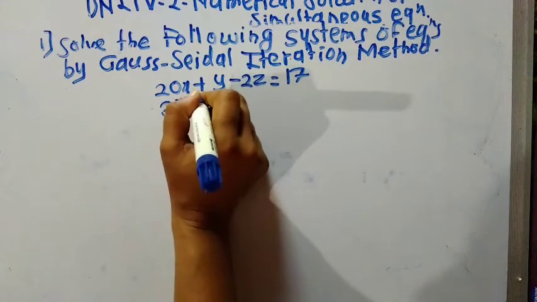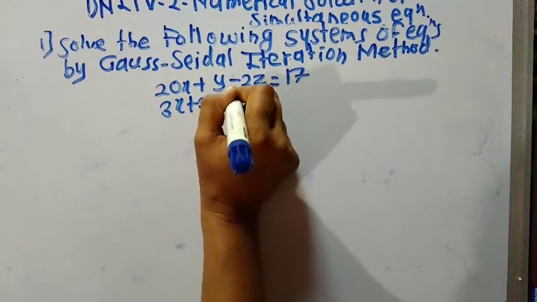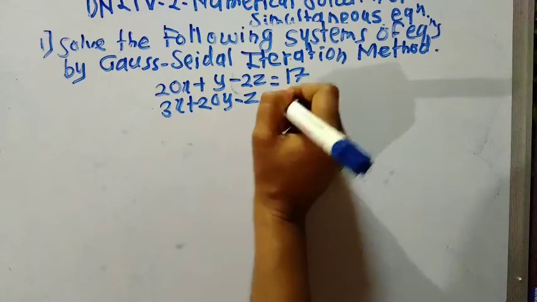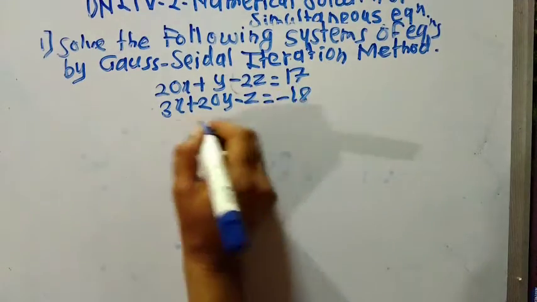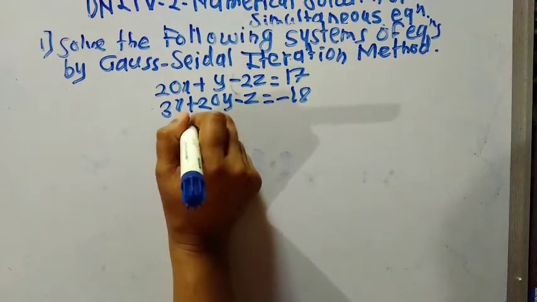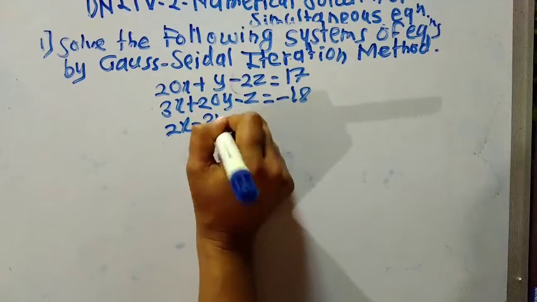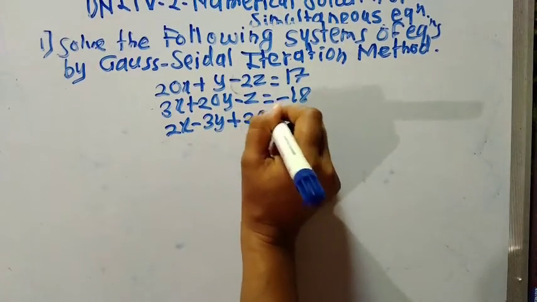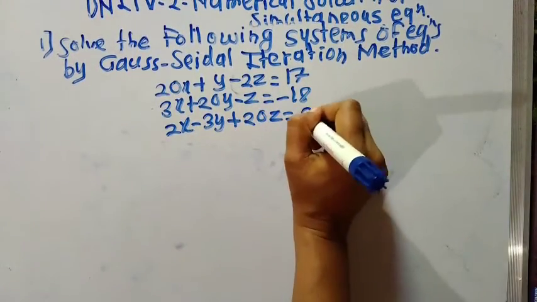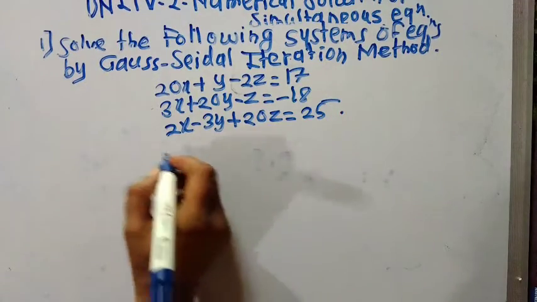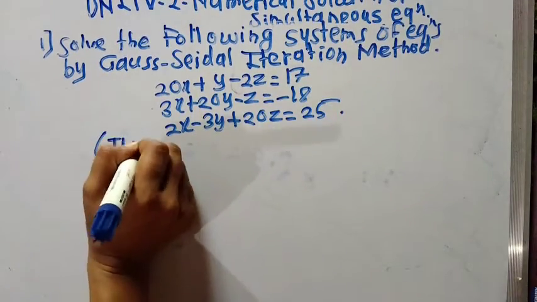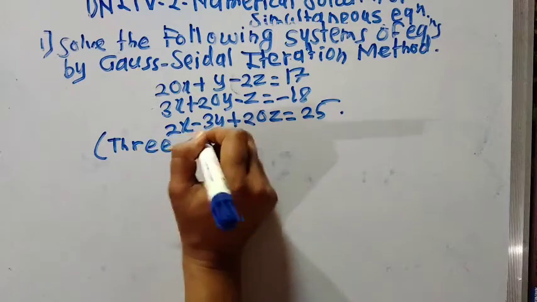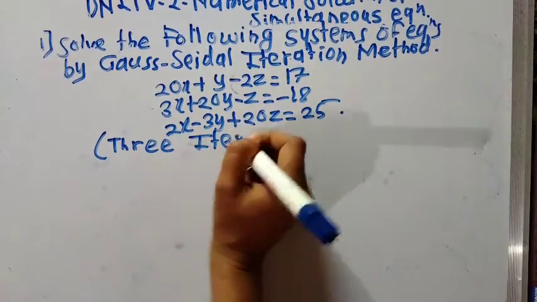Then 3x plus 20y minus z is equal to minus 18. Then 2x minus 3y plus 20z is equal to 25. Here carry out 3 iterations only.